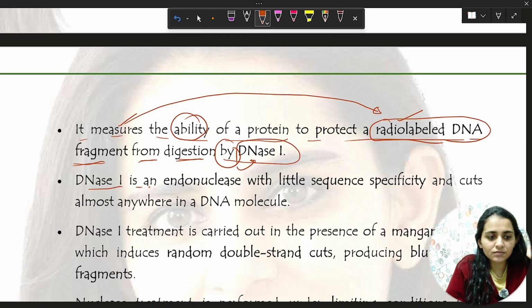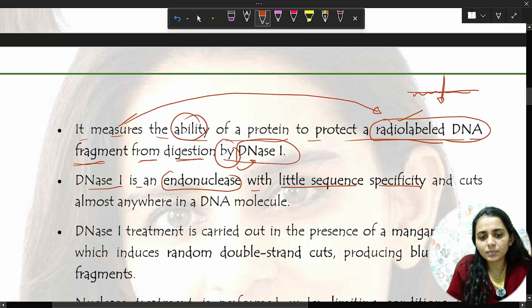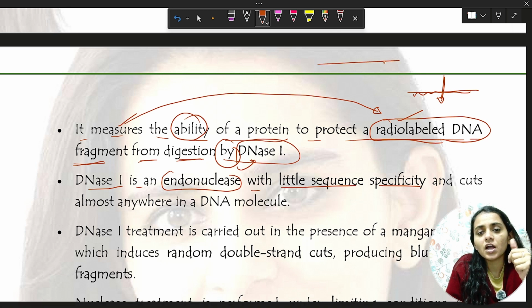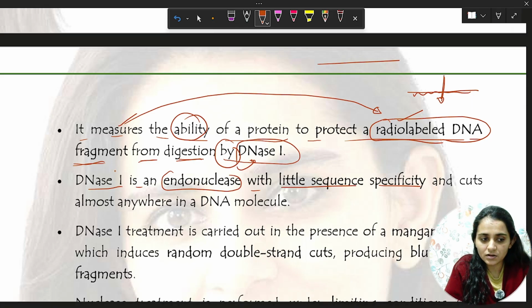So DNase I is an endonuclease. It will cleave somewhere in the middle of the DNA fragment with little sequence specificity. What does it mean? It can cleave if there is little similarity seen by this DNase.